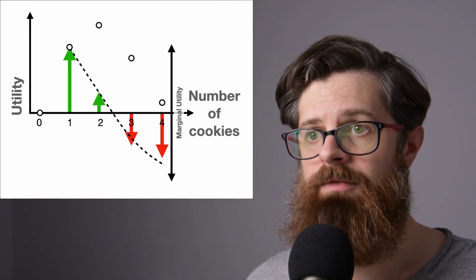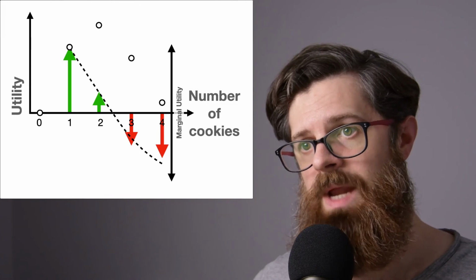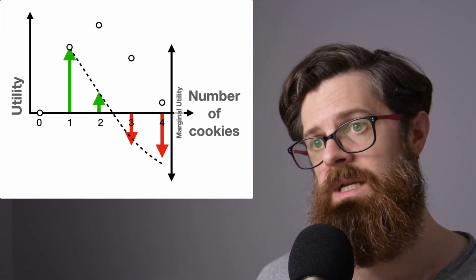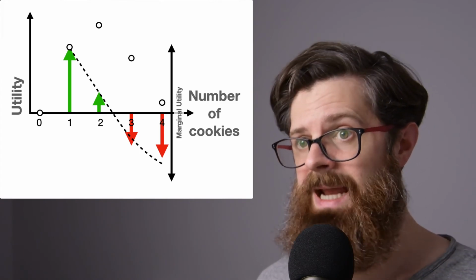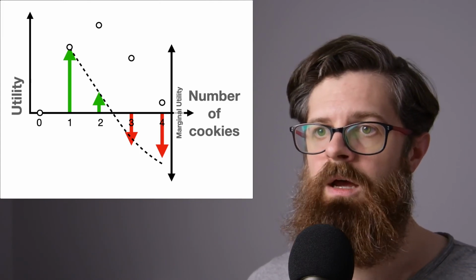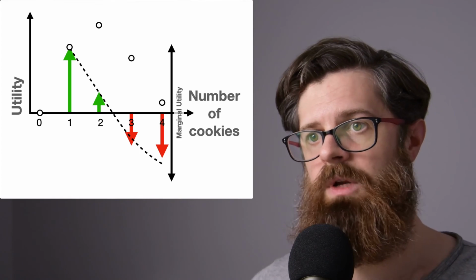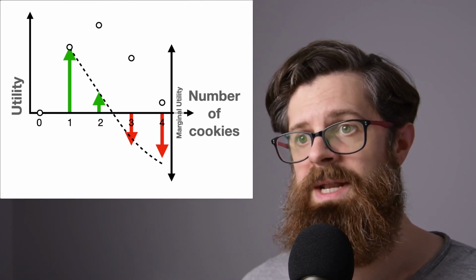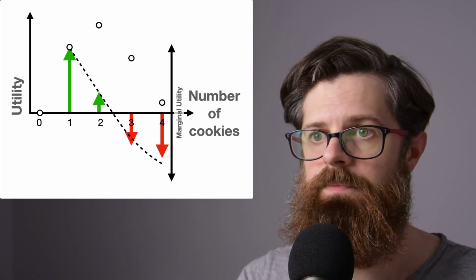But by the time we have a 3rd one, we have a decreased marginal utility even further, and now it's actually decreased from being positive to being negative. And again, by the time we have the 4th cookie, our marginal utility has reduced even further, and now it's even more negative.